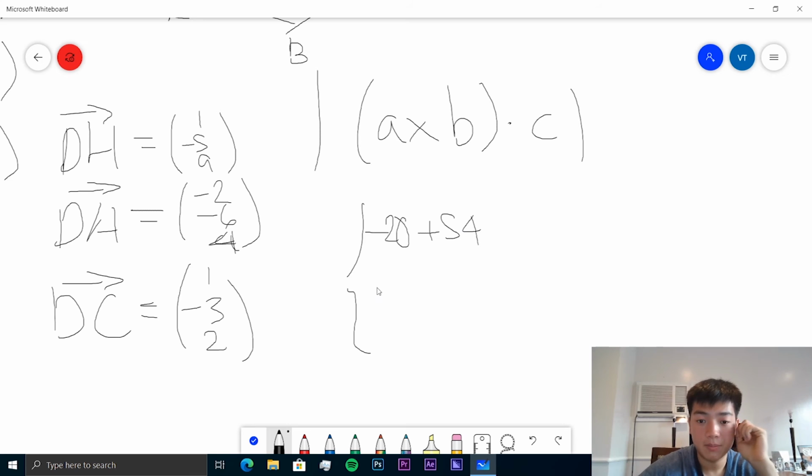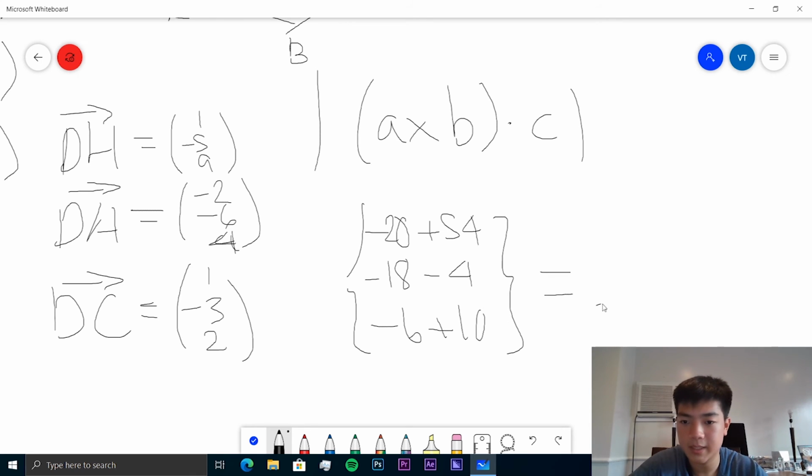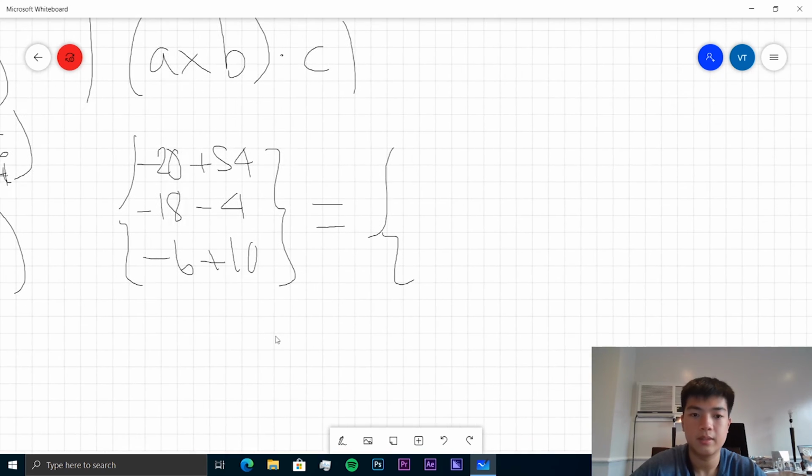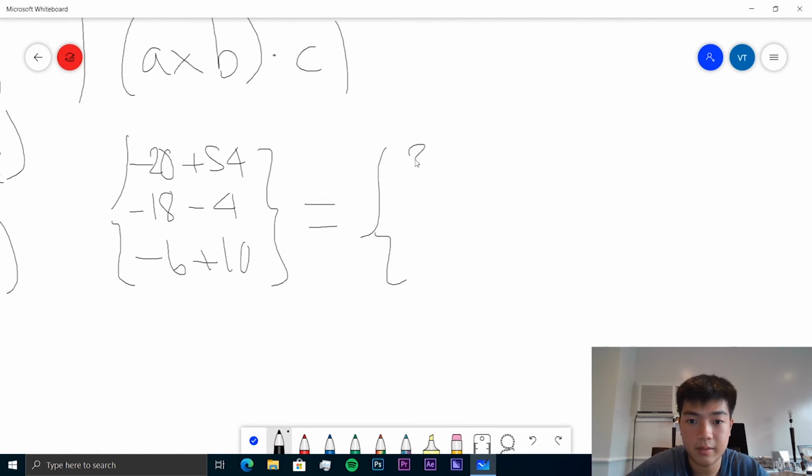Next we have 9 times negative 2, that's negative 18, minus 1 times 4, so minus 4. And then finally we have 1 times negative 6 minus negative 5 times negative 2. So this is equal to 34, negative 22, and 4.